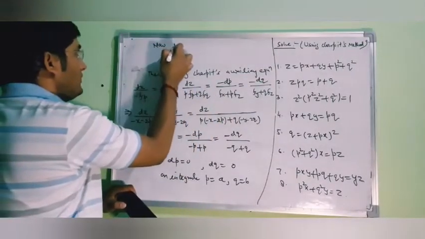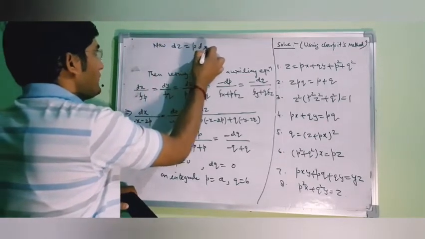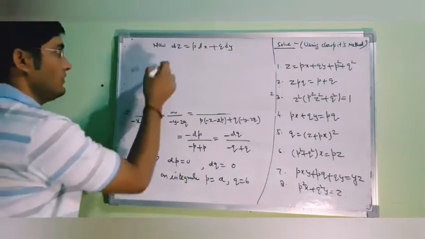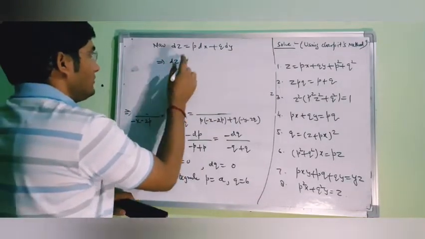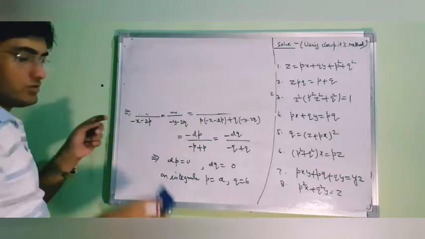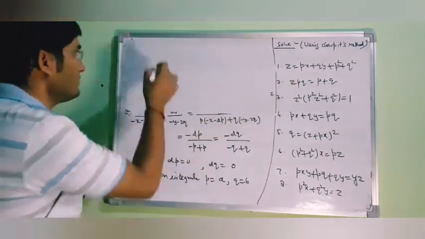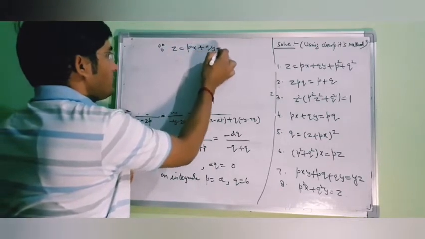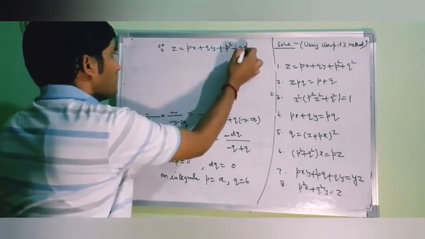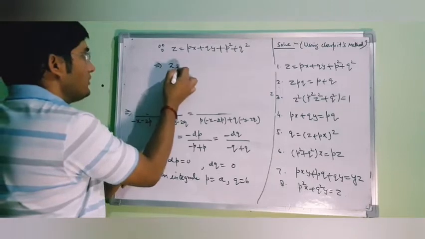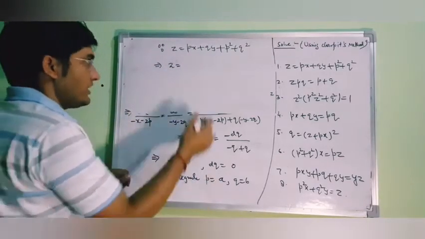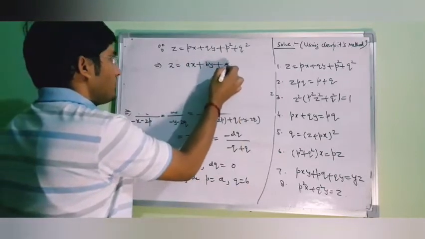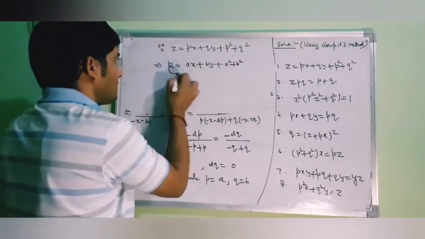Now dz equal to p dx plus q dy. As our original question was z equal to px plus qy plus p square plus q square, your solution is z equal to ax plus by plus a square plus b square.